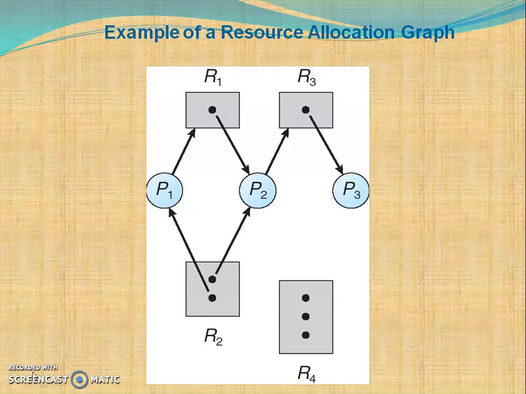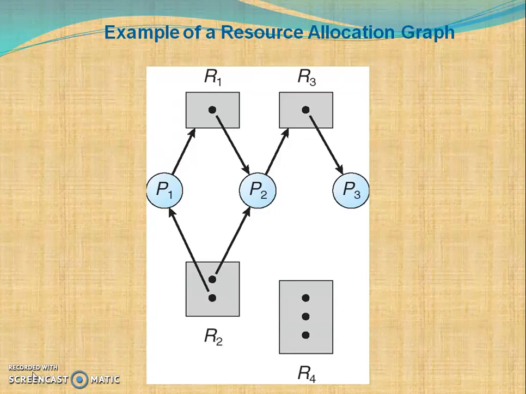If we look into the graph, the process P1 is requesting the resource R1, but the resource R1 is assigned to the process P2, and P2 is waiting for the resource R3, which is assigned to the process P3.